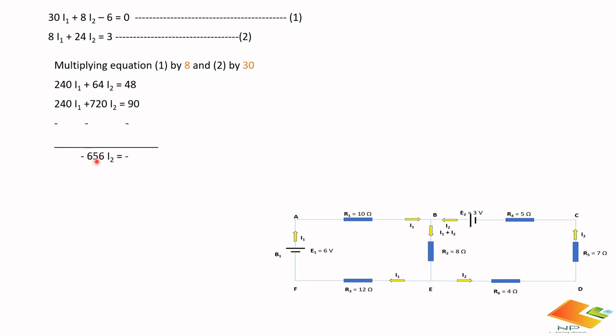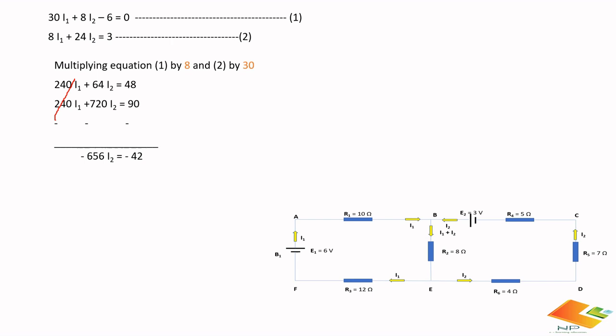Now what happened here? The positive 240 I1 and negative 240 I1 cancel, means its value becomes 0. So minus 720 plus 64, so its value becomes minus 656 I2 is equal to minus 90 plus 48.